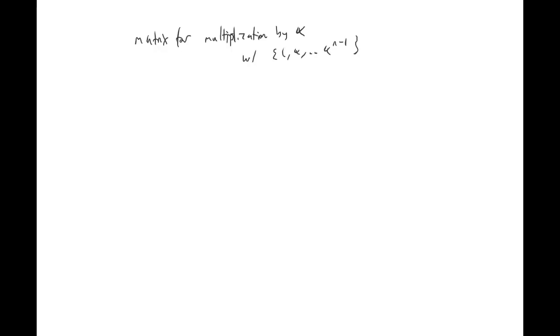And the irreducible polynomial of alpha, we called this a naught plus a1 alpha plus dot dot dot plus a n minus 1 alpha to the n minus 1 plus alpha to the n, and this was 0. I'm just saying the irreducible polynomial has some degree, let's say n. Then your basis is from 1 to alpha to the n minus 1, because you can express any power n or higher in terms of the n minus 1 powers and lower.